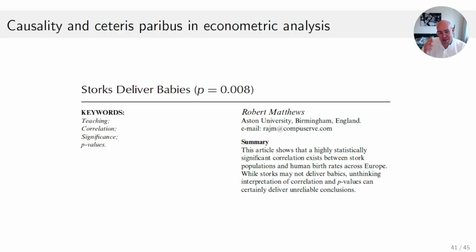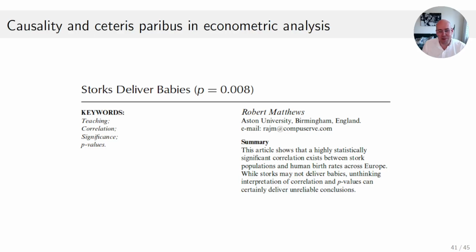Here's just a little fun example of a paper. The title is "Storks Deliver Babies with a p-value of 0.008." So a highly significant relationship. But obviously, this association, this correlation, is very strong in the data, but it does not mean that there's a causal relationship of the number of storks on the number of babies.